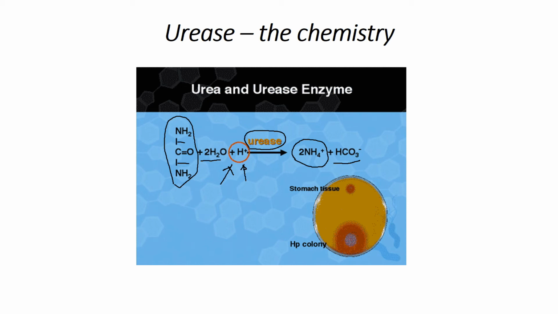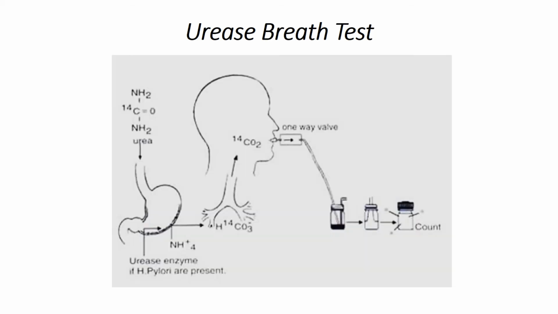Now, this particular reaction has been taken advantage of for generating laboratory tests that can be done very quickly and very easily to determine H. pylori infection. And that is called the urease breath test. So this is how this works. So here is our urea molecule right here. This is taken in capsule form or pill form by a patient.